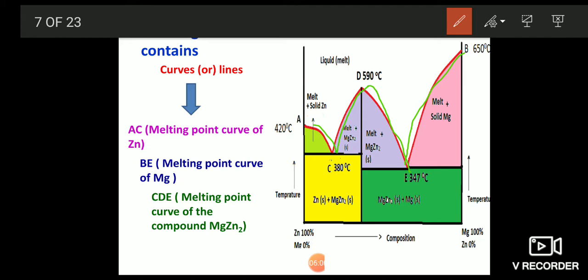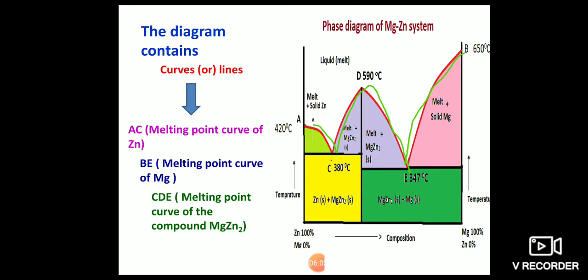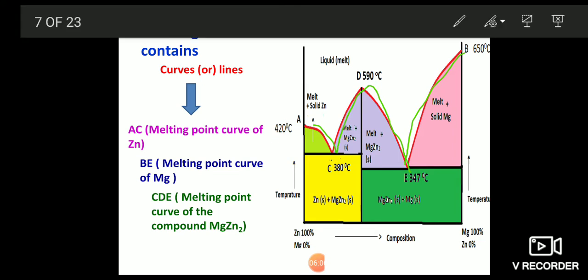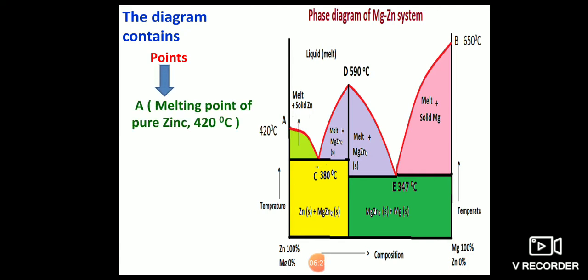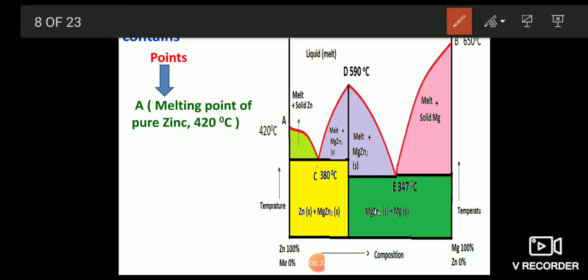Now apart from this, what are the other important parts we have to discuss in this phase diagram? Points. So the main points we will discuss here. What are the main points? The point A, melting point of pure zinc 420 degrees Celsius.